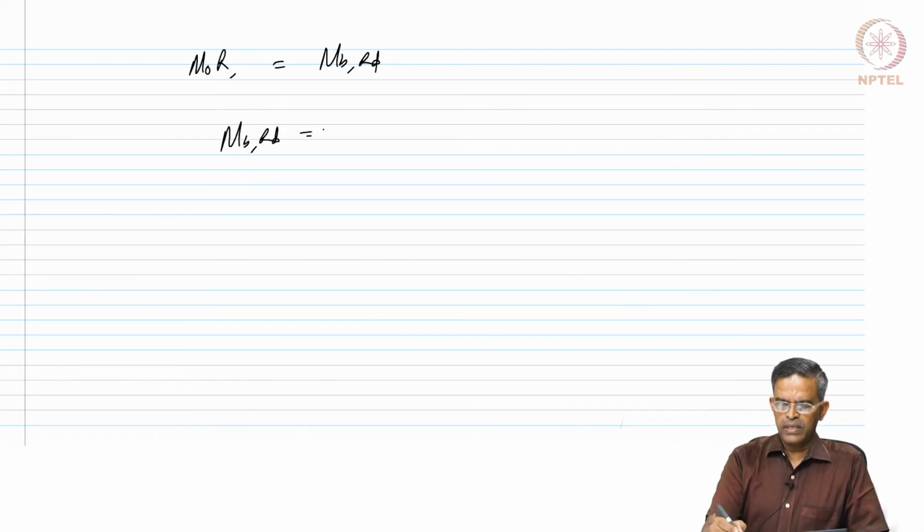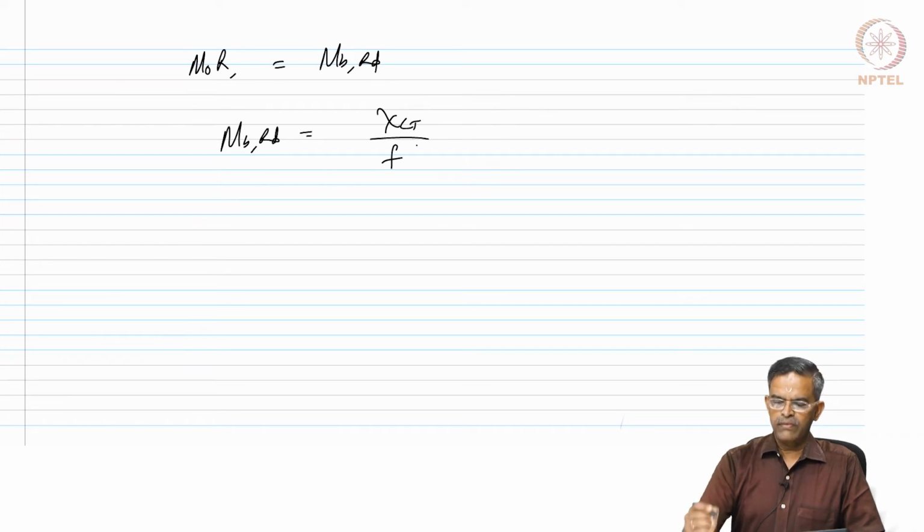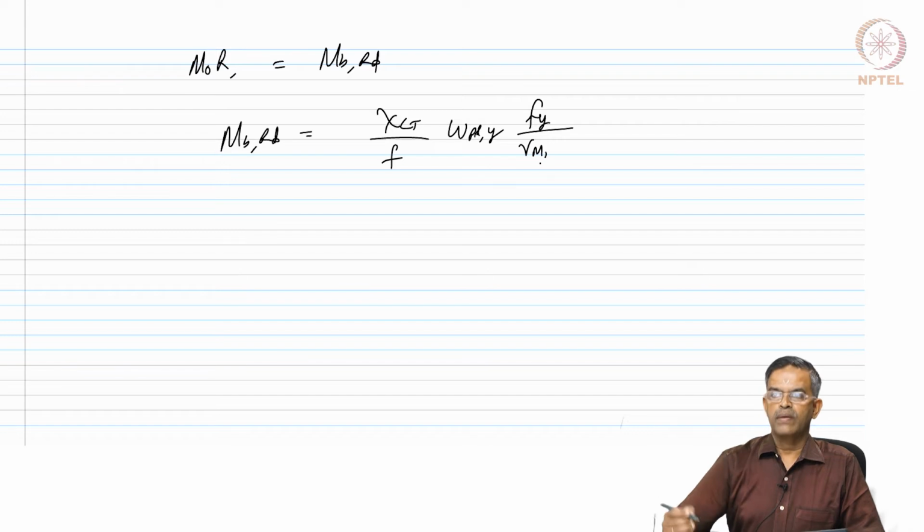MbRd is given by psi LT by F WPL Y Fy by gamma M1.